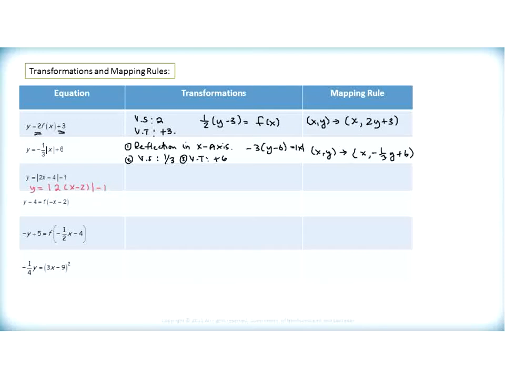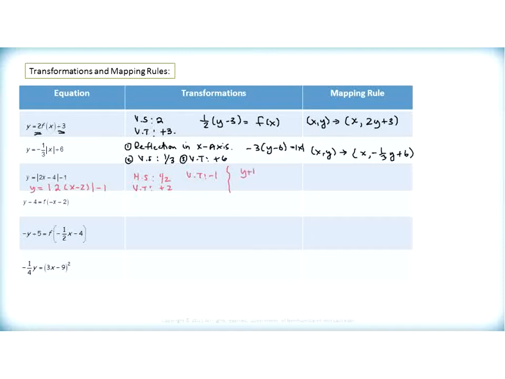Now I have 3 transformations here. The 2 that you see there represents a horizontal stretch of 1/2. I've got a horizontal translation of positive 2, and I've got a vertical translation of negative 1. Again, you may see the equation written in a different form.